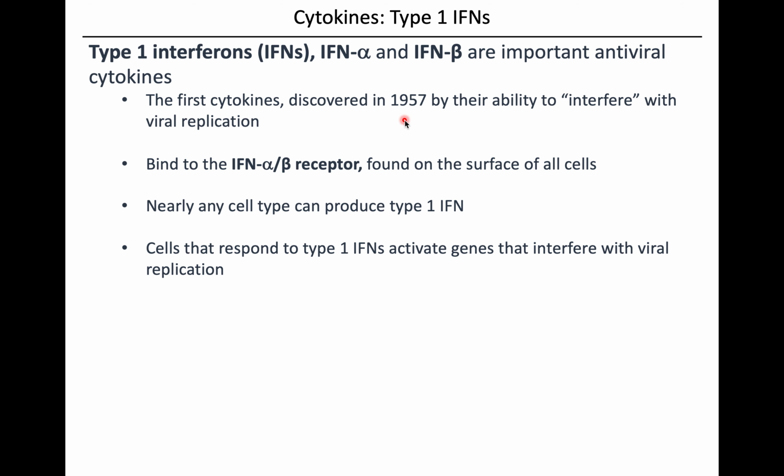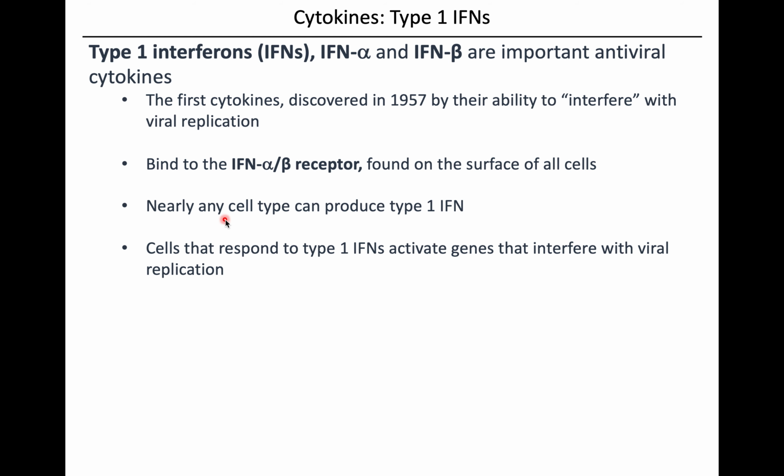First discovered in the 1950s, these were so named interferons because they were shown to be able to interfere with viral replication. So these interferons, these cytokines, will bind to the interferon alpha or beta receptor that is present on the surface of all cells, right? So basically any cell in your body is capable of recognizing these cytokines.